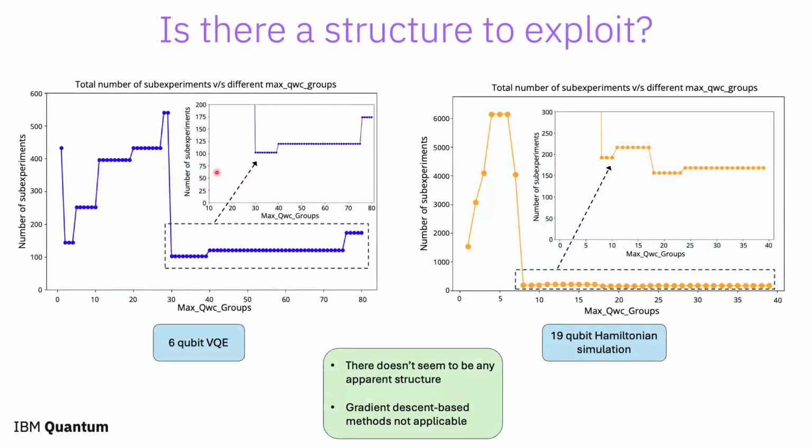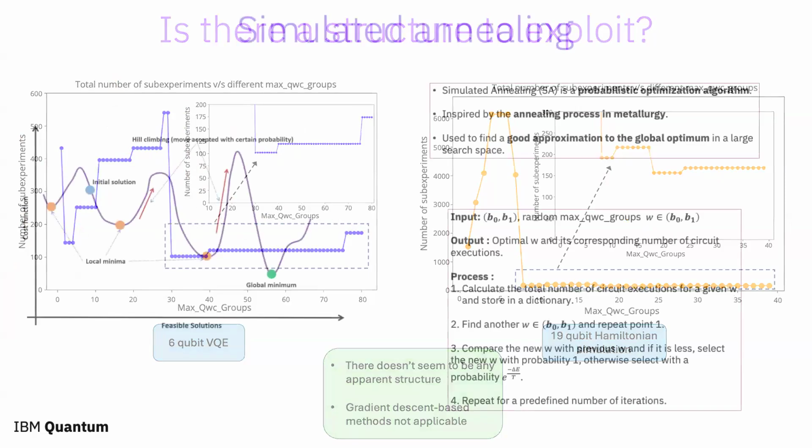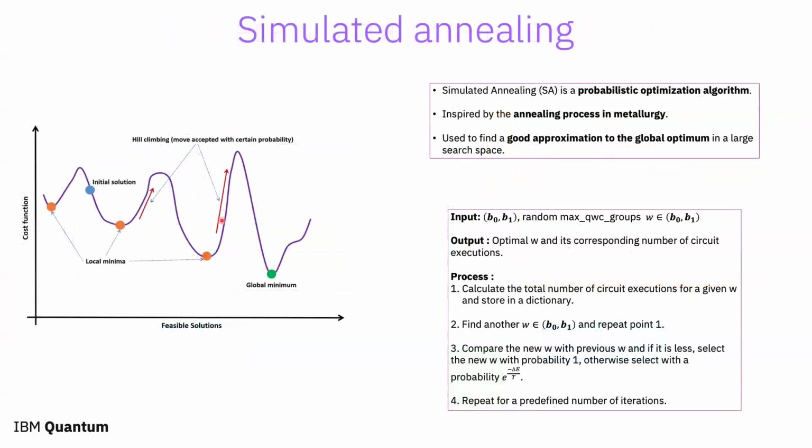What we tried to do is, as we increase the max QWC, we calculated the number of sub-experiments, meaning the number of circuit executions, and tried to see if there were any patterns. Apparently there were not. This is for VQE, this is for Hamiltonian simulation, and there are no patterns that we can exploit. So something like gradient descent will not work here. There can be other methods to do this also. We did simulated annealing.